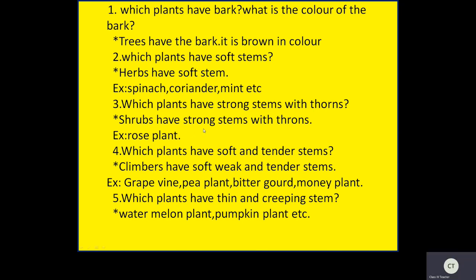So, they have strong stems. And which is having thorns, children? Rose plant. So, the rose plant has thorns. Not only the rose plant, bougainvillea, you know that? Yes, paper plant. That plant, bougainvillea, also has a strong stem with thorns.